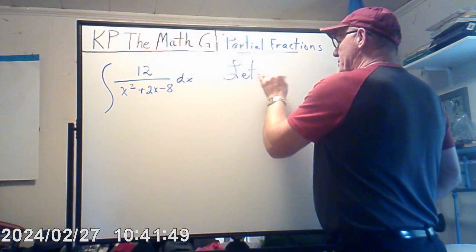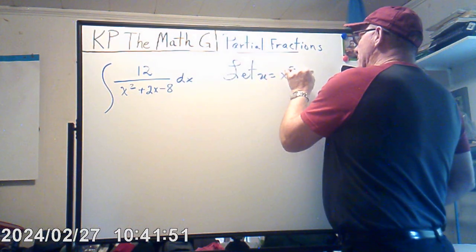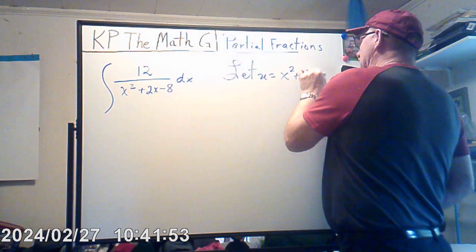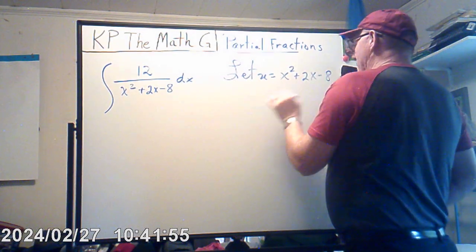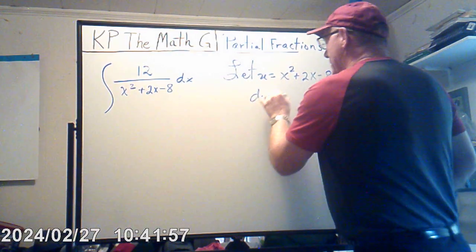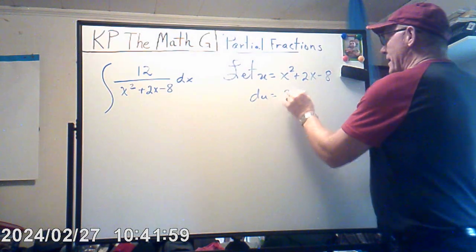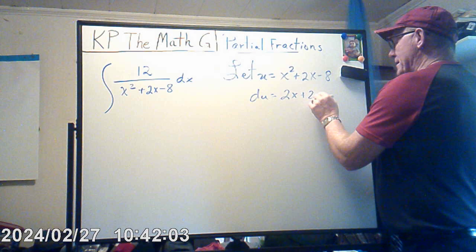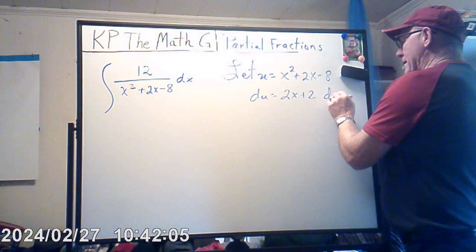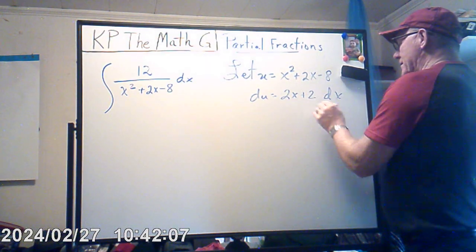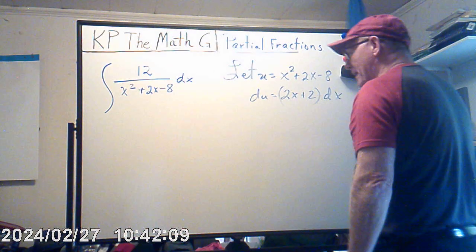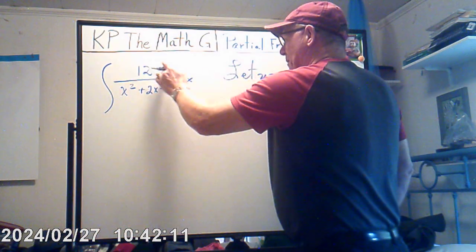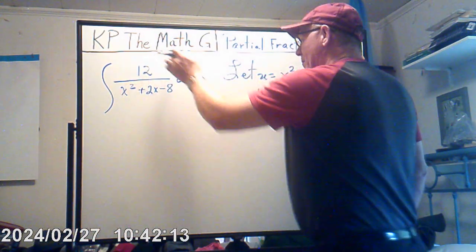We have to use some other method, because if we were to just let u be equal to x squared plus 2x minus 8, then what's du? Well, we know what du is. It's 2x plus 2 dx. Alright, well, I don't see a 2x plus 2, I just see a 12 up here.